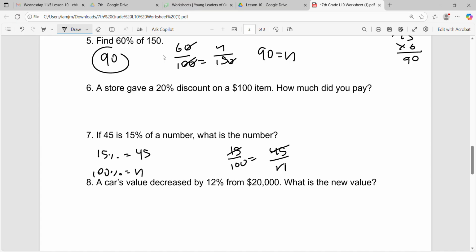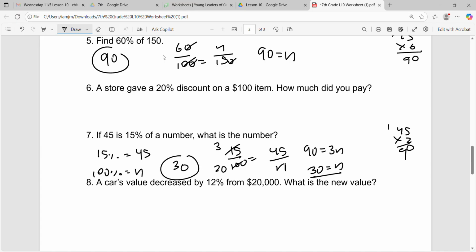This is going to be 3 and 20. 45 times 20 is 900. 90 equals 3n. Dividing both sides by 3, n equals 30.